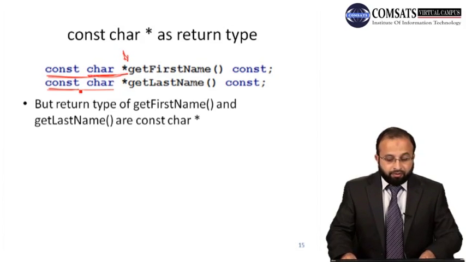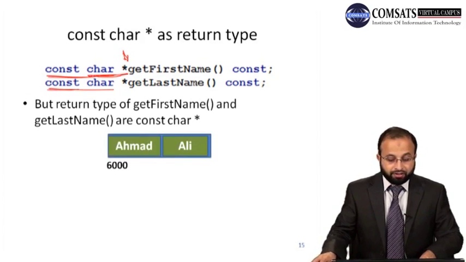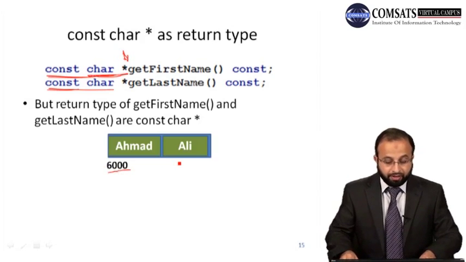But the return type of get first name and get last name is const character star. So we return the memory address of the first name, and that is, let's say, 6000, and maybe this is 6009 or 10, let's say. So get first name returns this 6000.